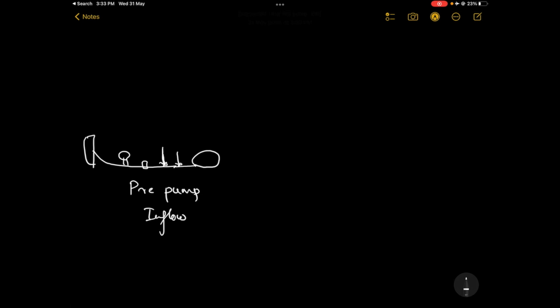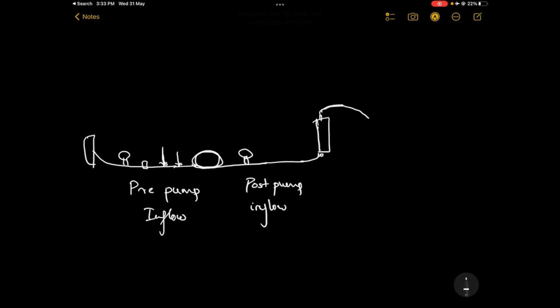Then here we have the pump. Then this is your post pump inflow. Here we can again have a pressure gauge. Then it comes to the dialysate. Okay. Then from the dialysate it goes to the patient.